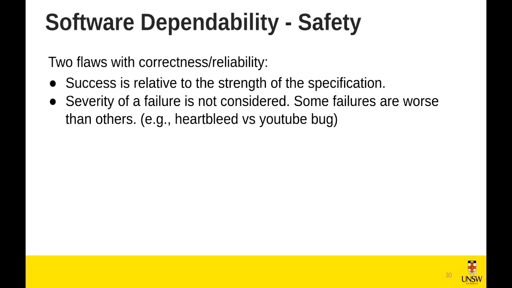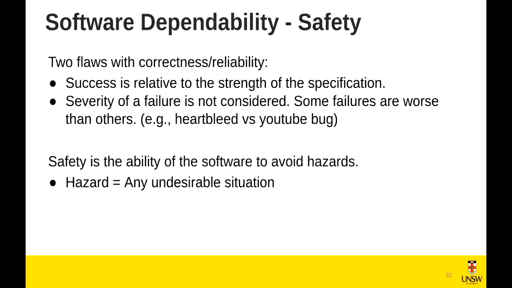And some failures are just naturally worse than others. That's why we need a third property here, and that is called safety. So safety is defined as the ability of the software to avoid hazards. And hazard means any undesirable situation.